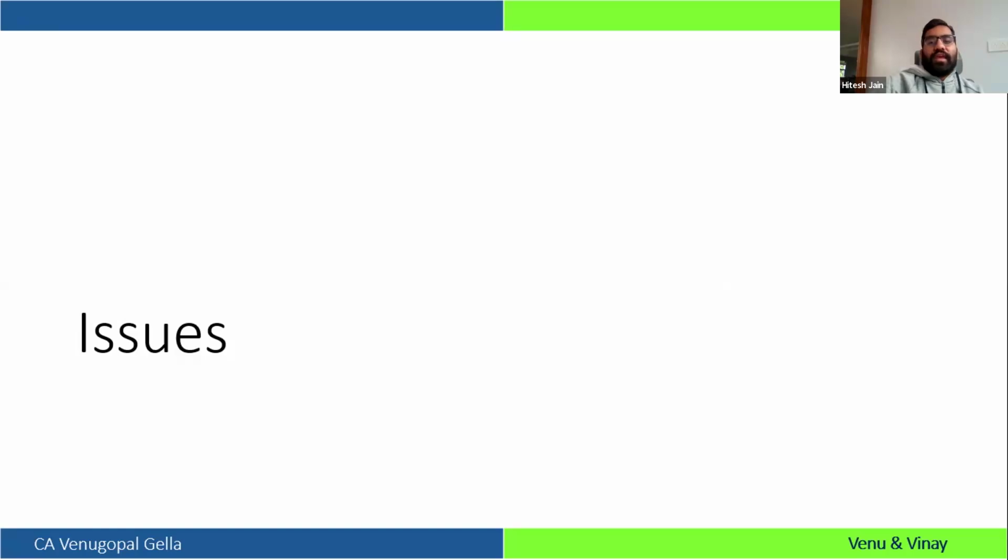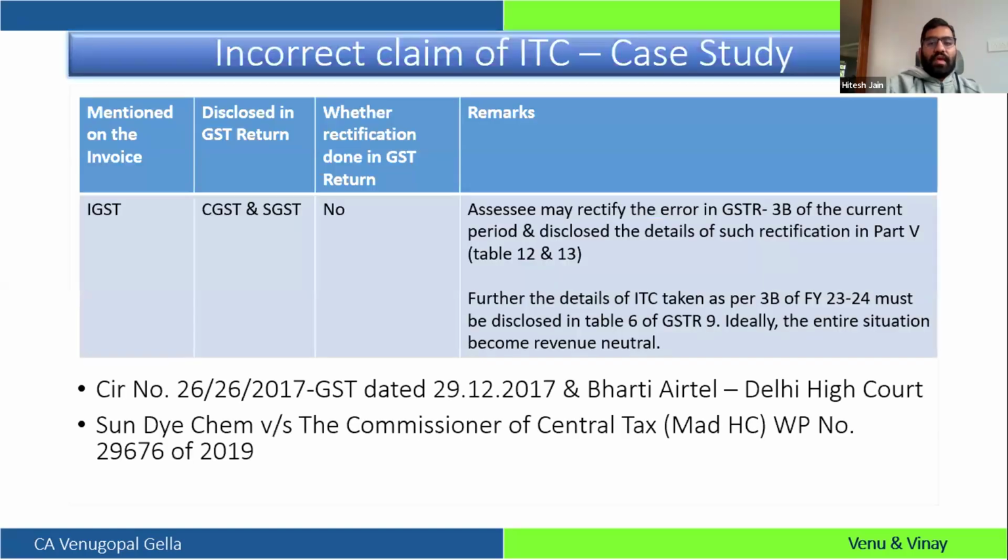Now coming to the various issues which we face. Incorrect claim of ITC. Like we ought to have claimed IGST input, but we have wrongly claimed CGST and SGST input, and we have not rectified it in our monthly GST returns, either in the current year or even in the subsequent period till the time the rectification was possible.